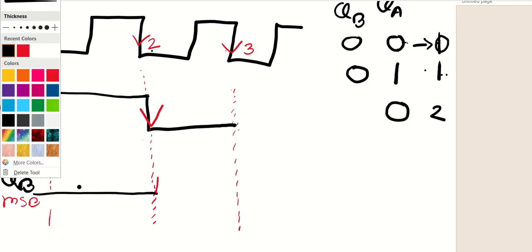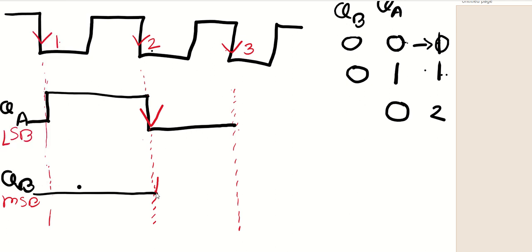Okay. So now it will change from 0 to 1. Okay. Now third clock pulse. At this third clock pulse, again QA will change from 0 to 1.